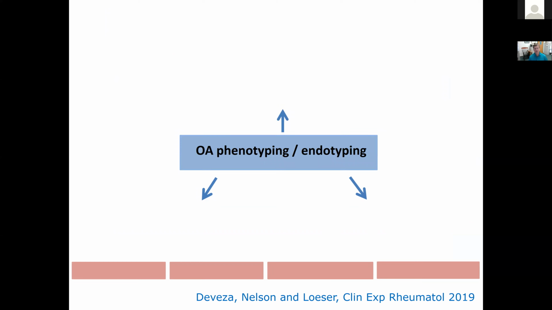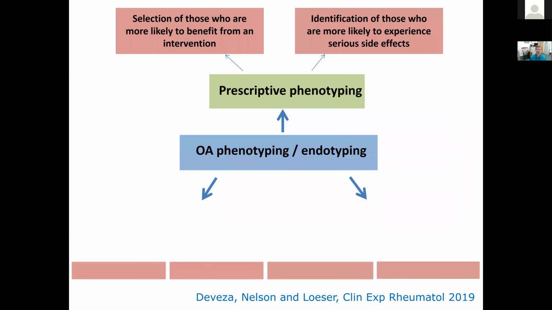So the use of OA phenotyping and endotyping is needed for several different areas. Prescriptive phenotyping is the type of phenotyping that's used to select those who'd be more likely to benefit from an intervention, or identify those that might be more likely to have a serious side effect.